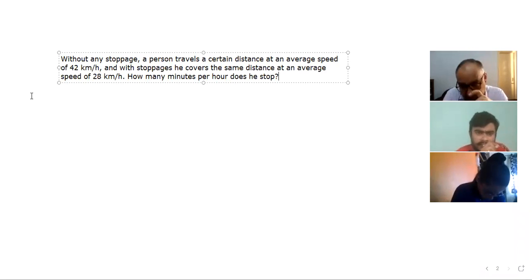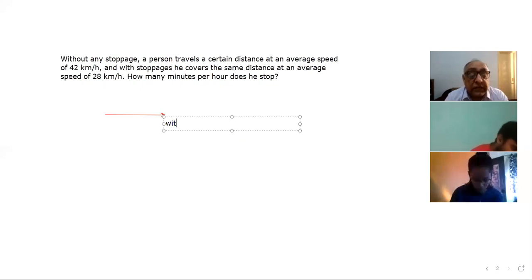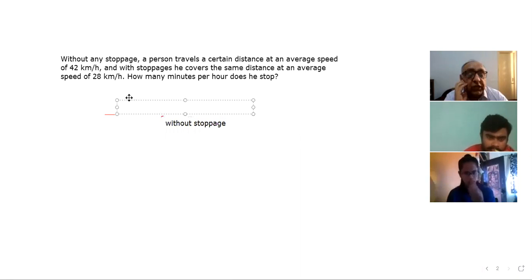So beta, first of all, let us do the mapping of this question again. This is the journey. Let me type here: without stoppage. My speed comes out without stoppage, that is 42 kilometer per hour.